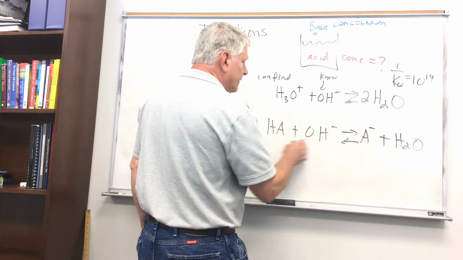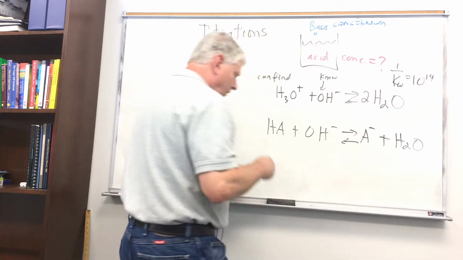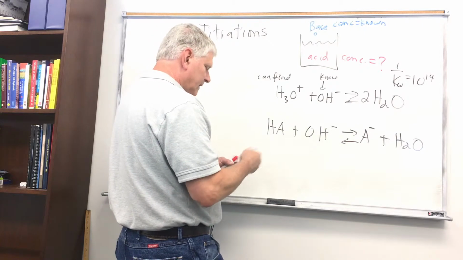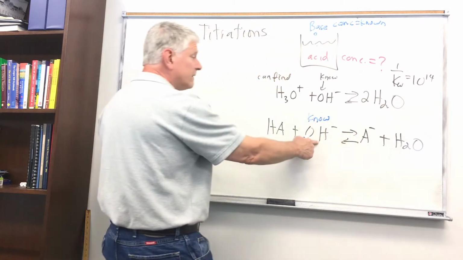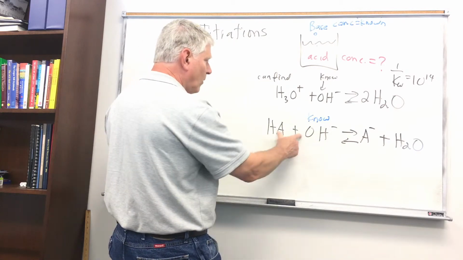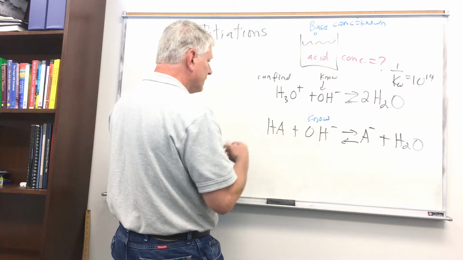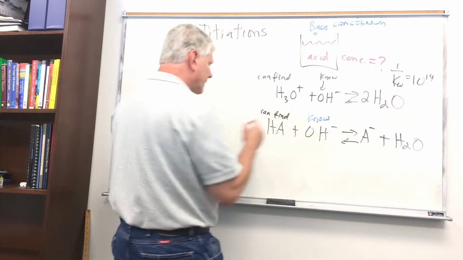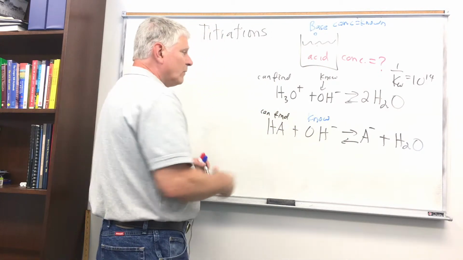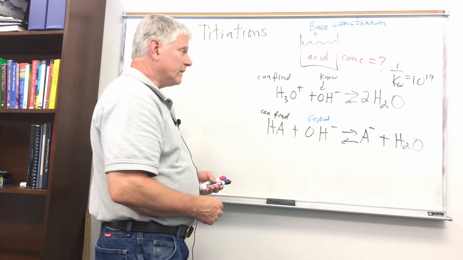And so this reaction can be considered going all the way. So if we know how much base we put in from the 1-to-1 ratio, we can find out how much weak acid was in our particular solution.